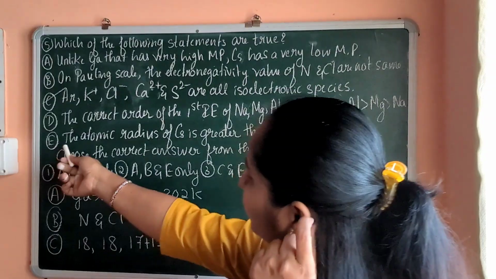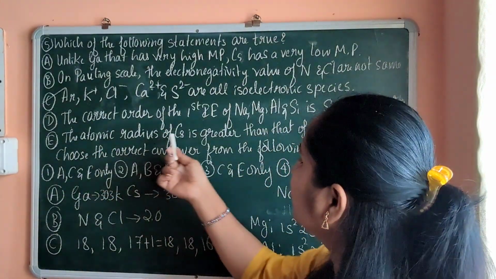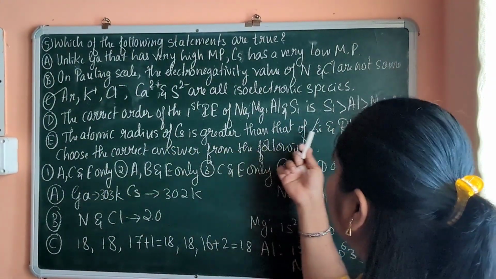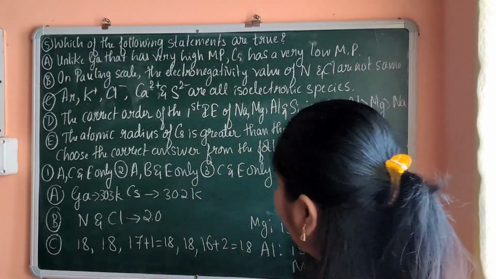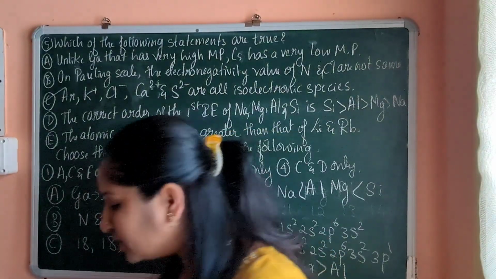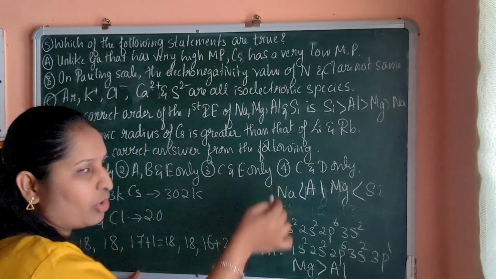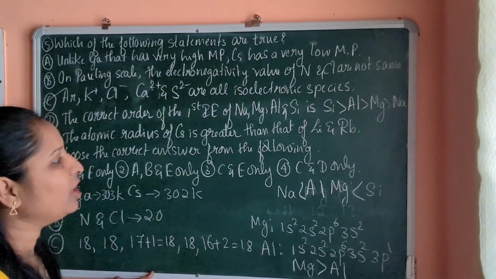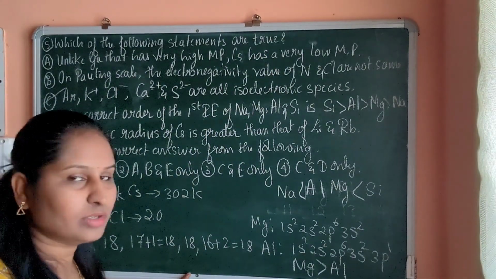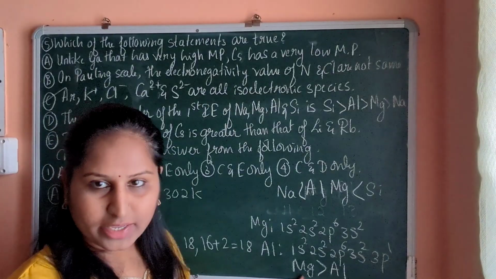Then consider the fifth statement. The atomic radius of cesium is greater than that of lithium and rubidium. So they are considering the atomic radius. When we move from top to bottom of the periodic table, atomic radius increases.